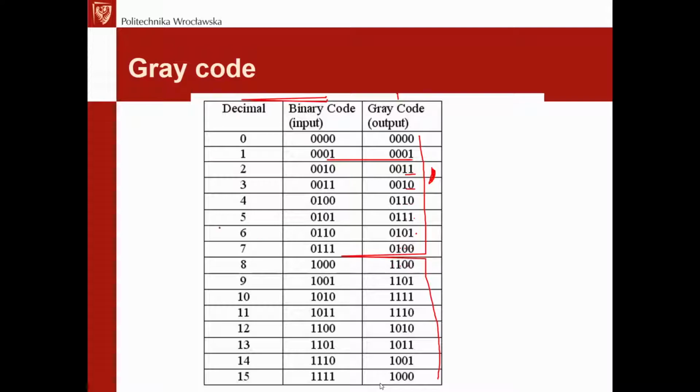So these are two reasons why the gray code is used, while BCD numbers are used only from time to time. We use binary code and gray code, of course, in different applications. Microcontrollers use binary internally.